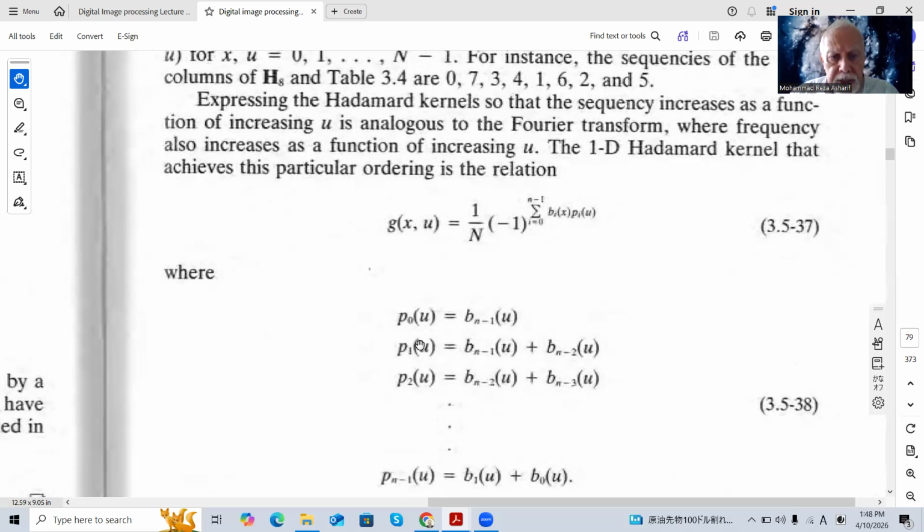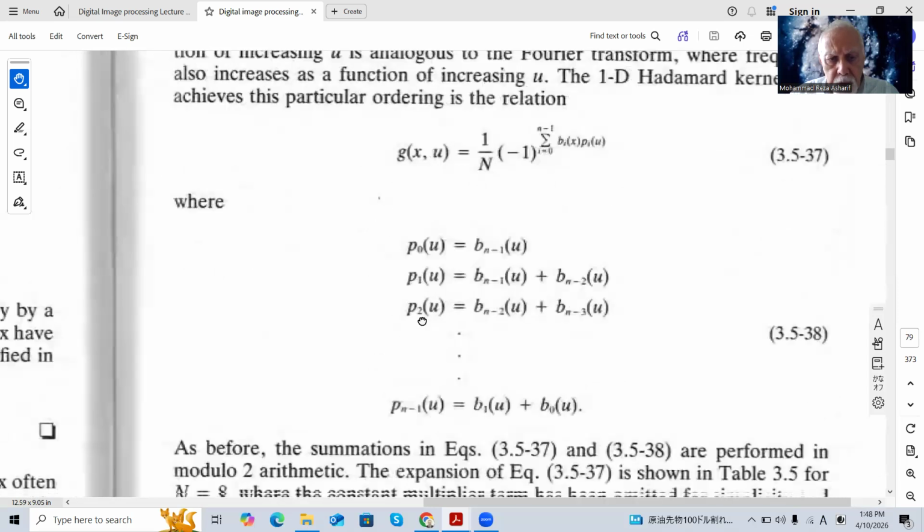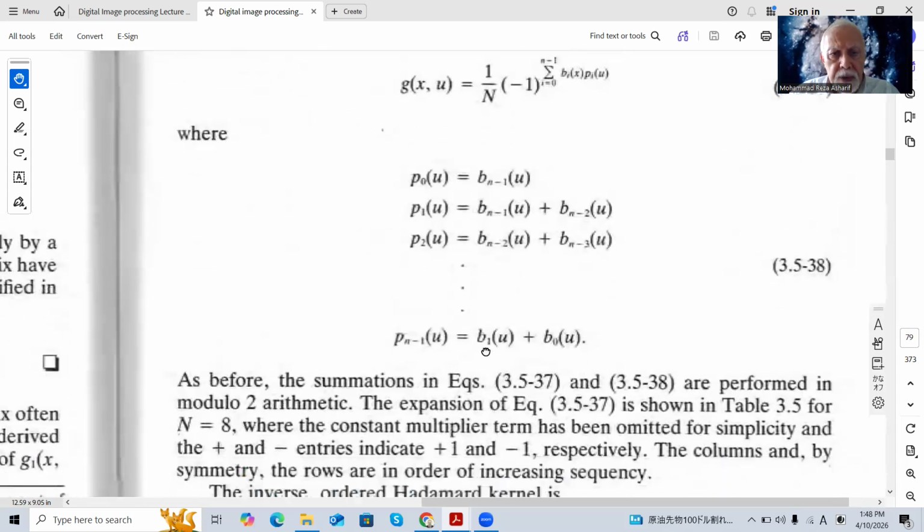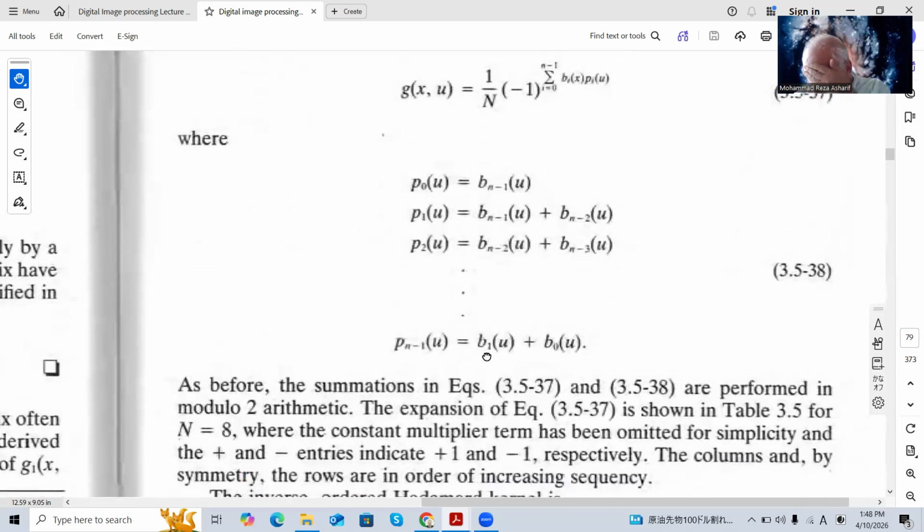So we have from p_0 to p_{n-1}, which is back to b_1 to b_0. With this kernel, instead of b, we use p here.